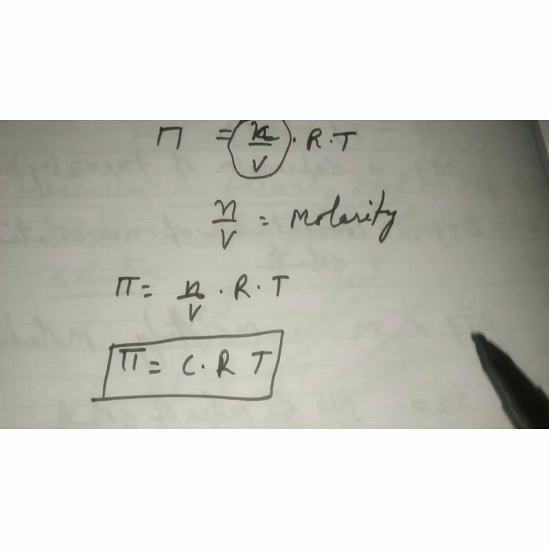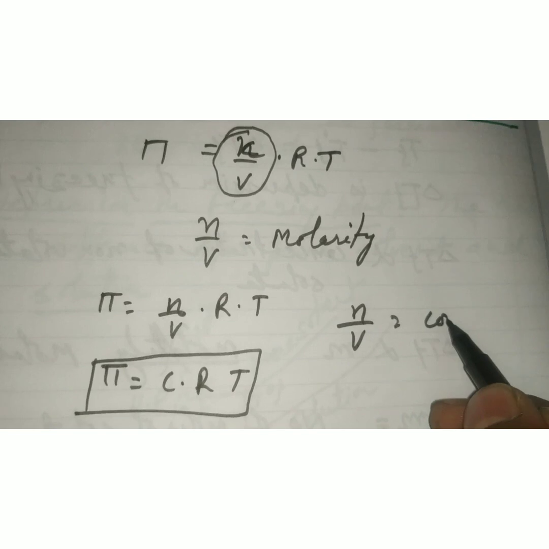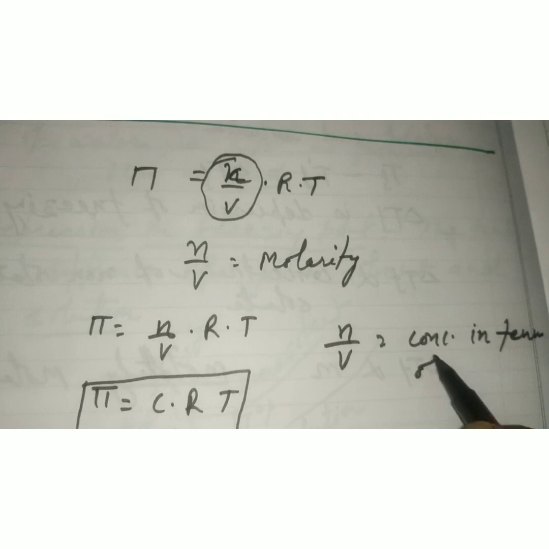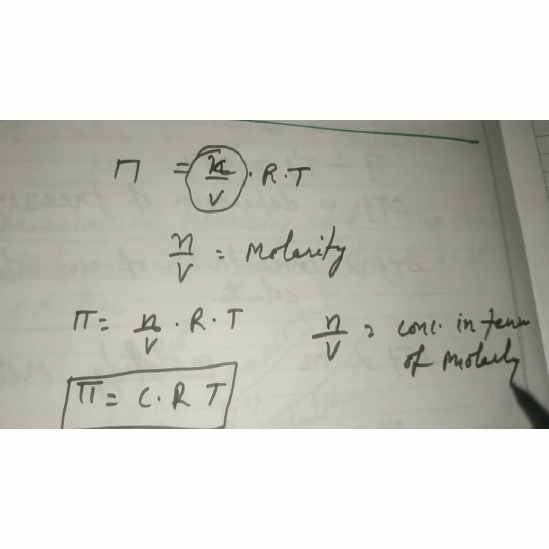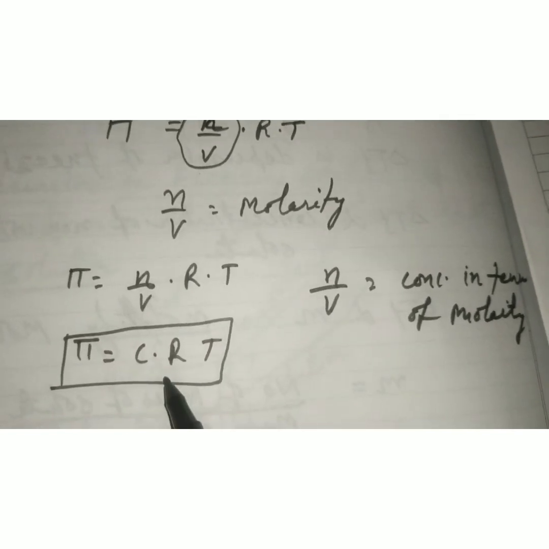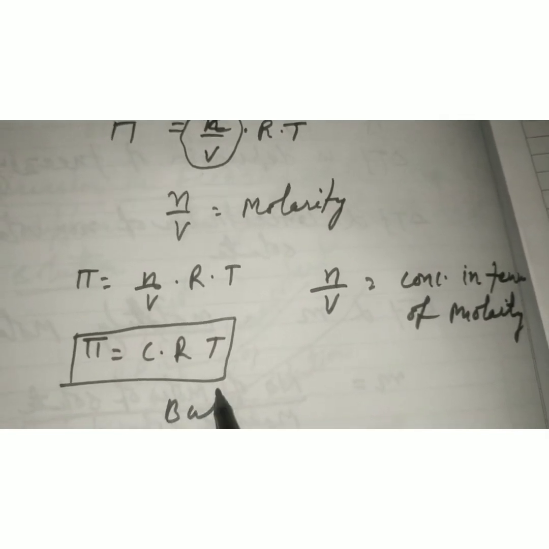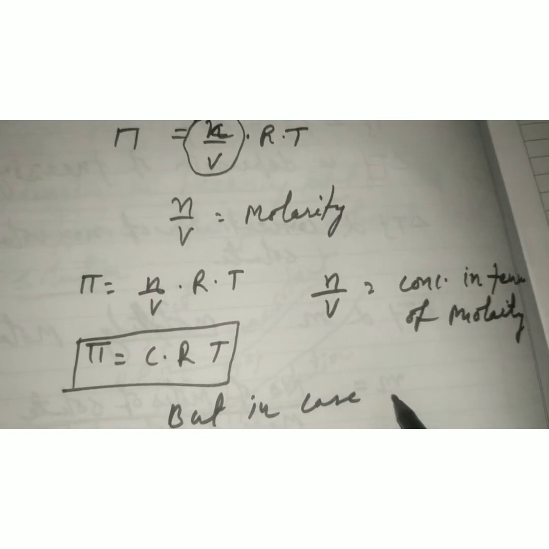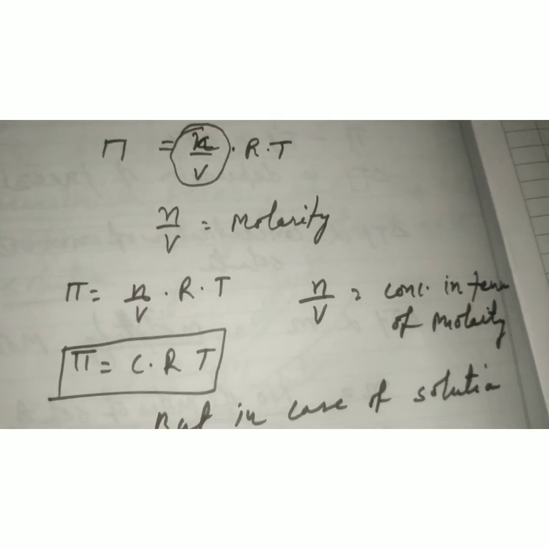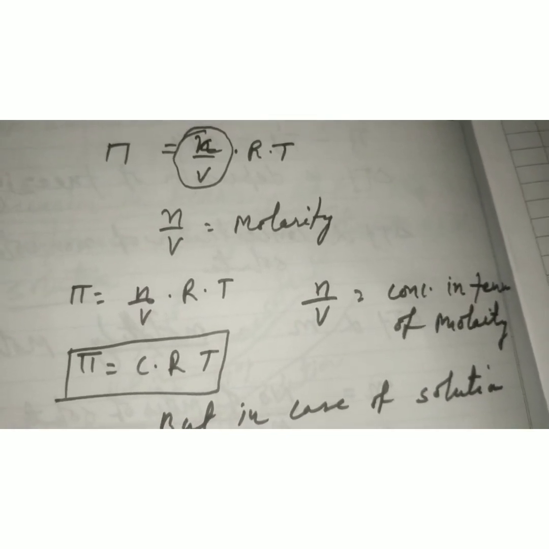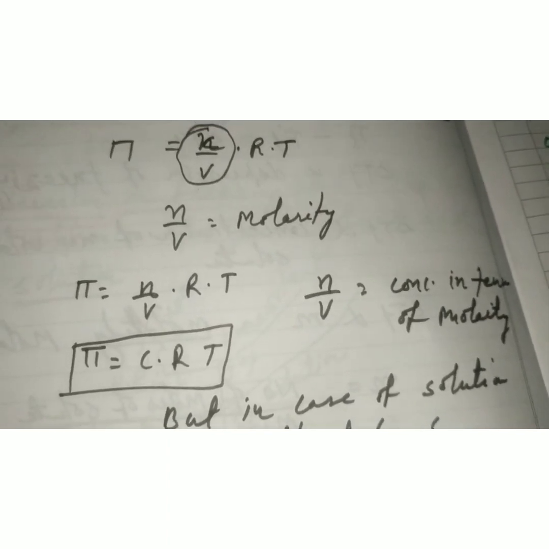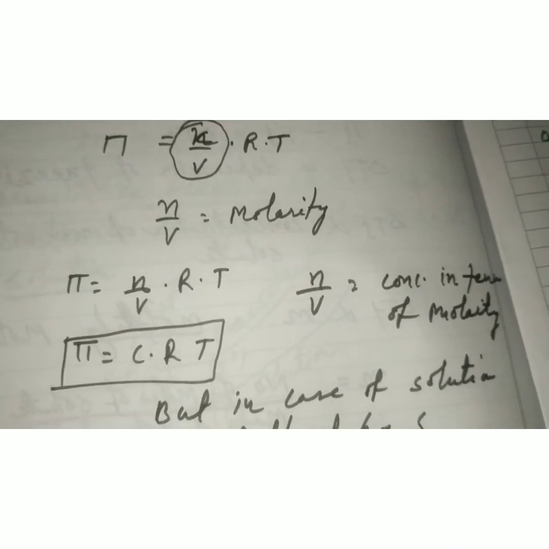N upon V equals concentration in terms of molarity. Clear? So pi is equal to CRT. Pi is equal to CRT, but in case of solution, R is replaced by S.